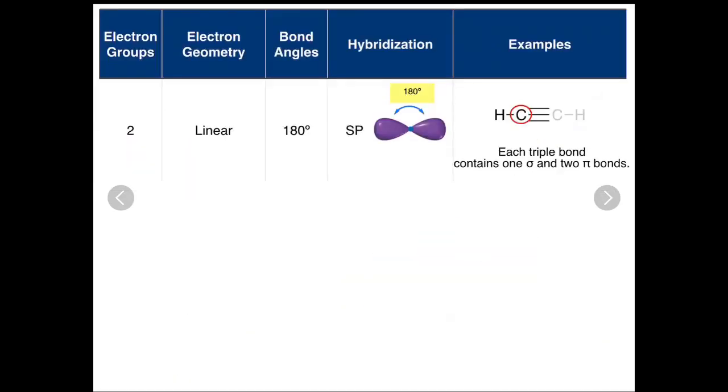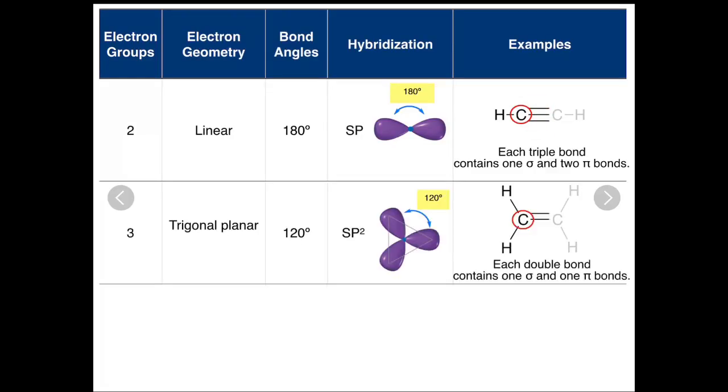Okay, so my summary for this is that when you have the linear electron domain geometry, know that the type of hybridization would be sp, because linear has only 2 electron groups. So you're going to use one from s, one from p. The rest of that would form the pi bonds. And when you have 3 electron groups, that is going to form trigonal planar.